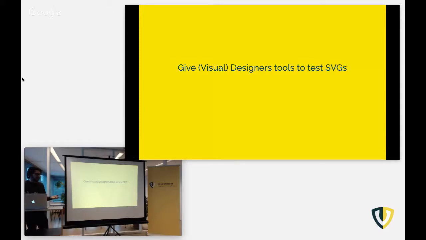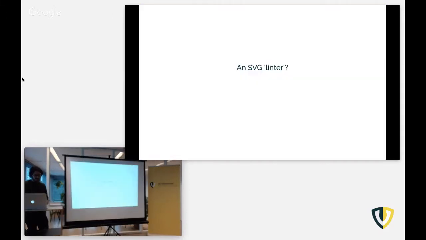If we get the assets, then have to check if they work, then explain that they've done it in a way that we didn't really expect, it takes a lot of time, so maybe we need an SVG linter. And I think that's the way I should move that overview forward.